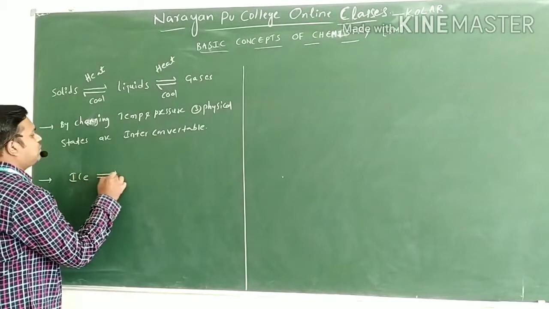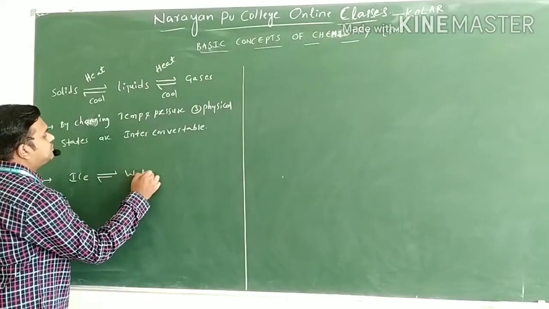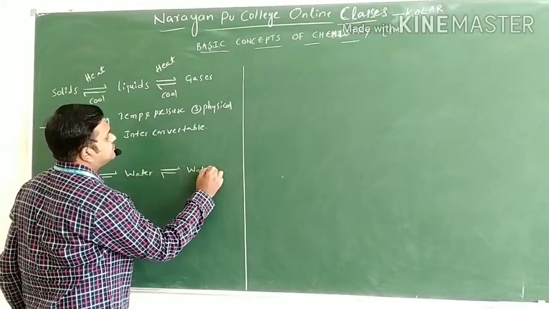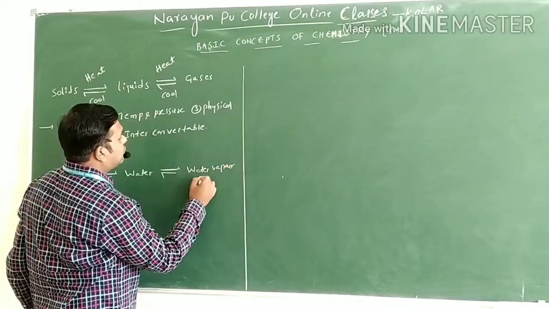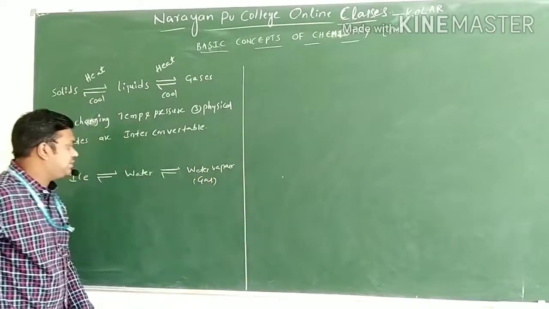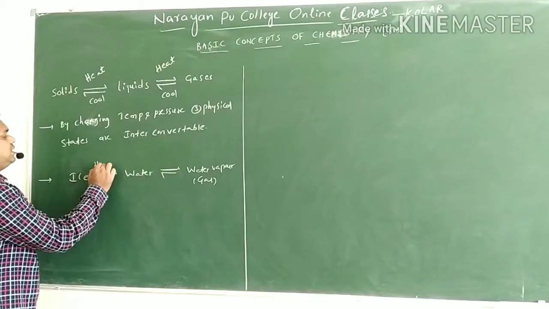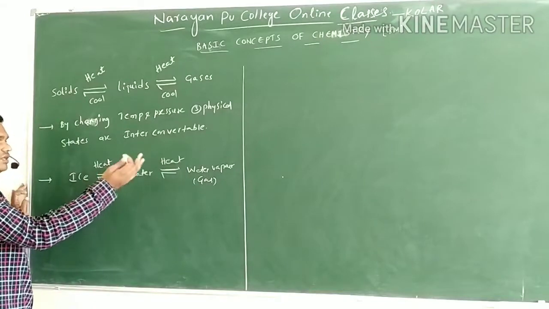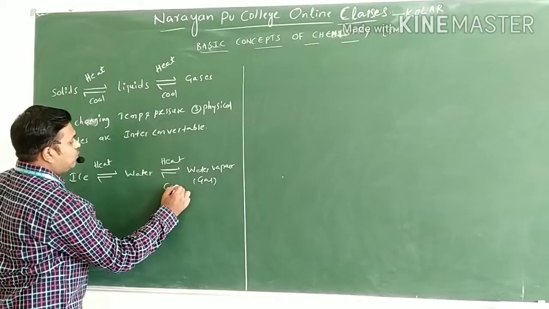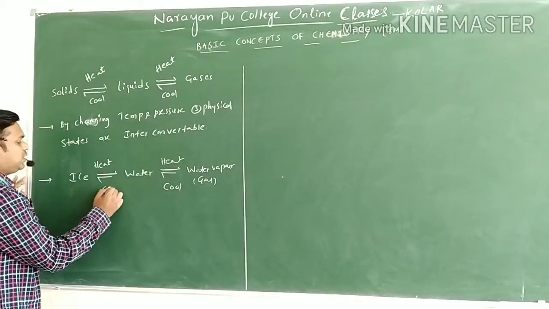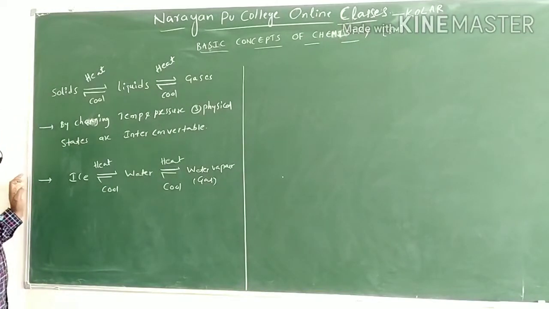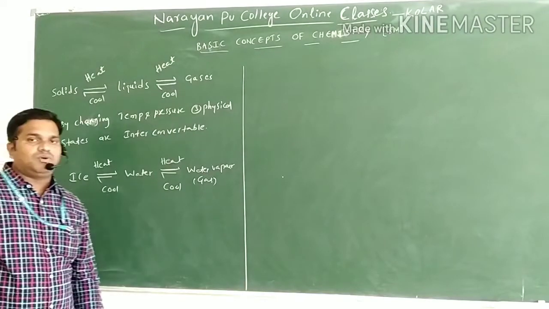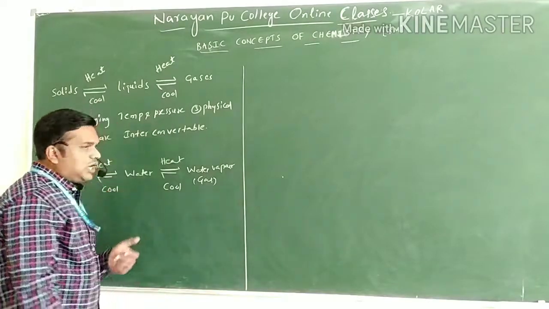You can take ice as an example. Ice is converted into water, and water is converted into water vapor, which is a gas. On heating, ice converts into water and water converts into water vapor; cool the water vapor and you get water, and cool the water again and you get ice. So this is the interconversion of one physical state into another.